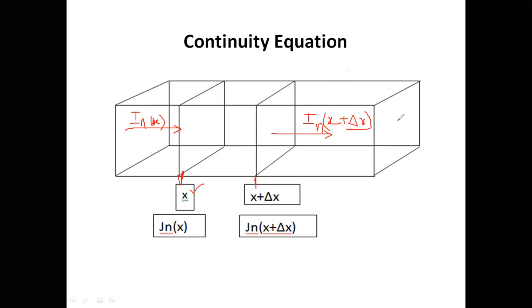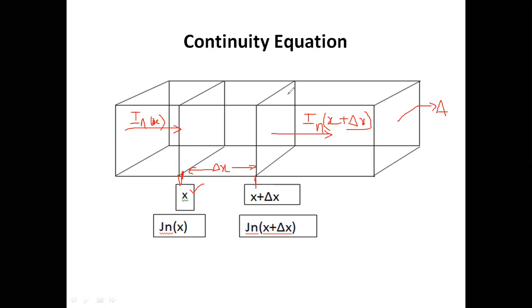The cross section of this semiconductor material is A, right? And the distance from X to X plus delta X is delta X, the length from this point to this point, an infinitesimally small pillbox in the semiconductor.